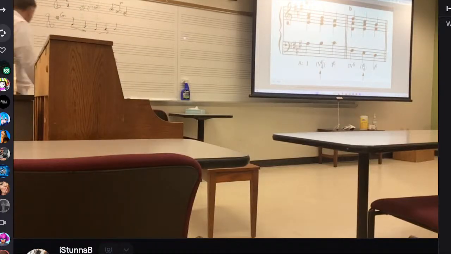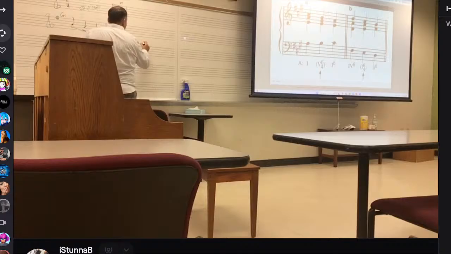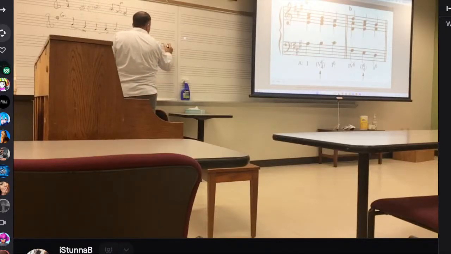The other place that you will find this happening, very similar, but off of the 4. So you got the 4 to the 1 6/4, to the 4, maybe in first inversion, and that could happen going back down as well.